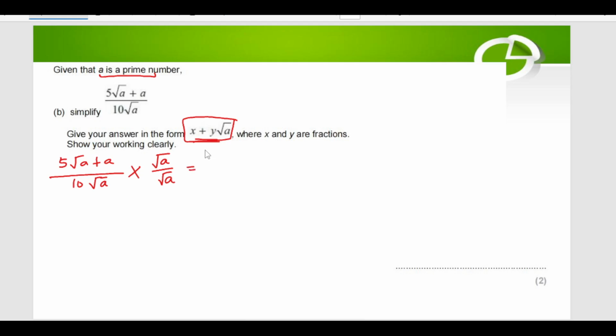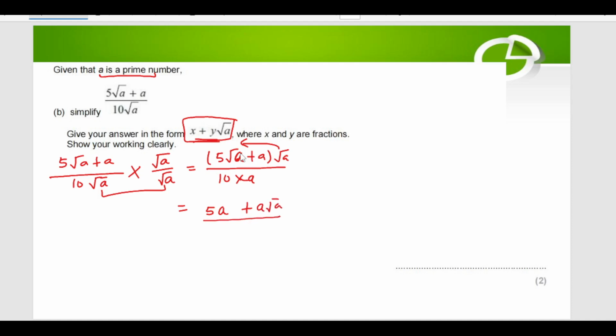So I have here 5 root a plus a, then there is a root a over 10 times, this will be an a. Now you multiply this inside this square root a, expand the bracket. So this is 5a, then plus a root a.